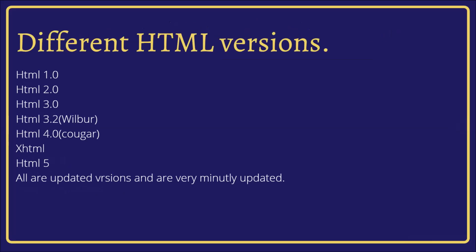A lot of other updated versions are also available. I have not included them in the slide. All are updated versions, and these versions have very minute updates. Still, these are known as updated versions.